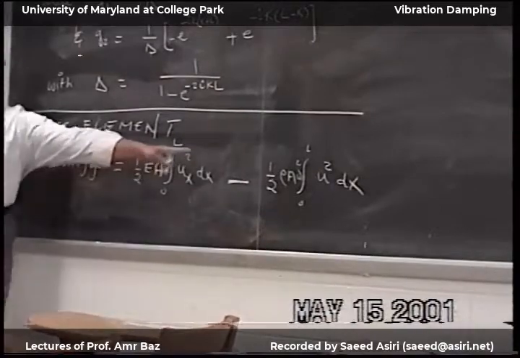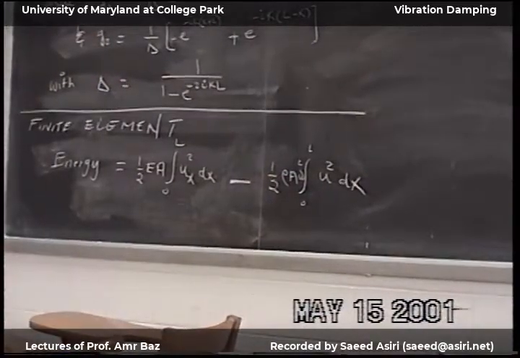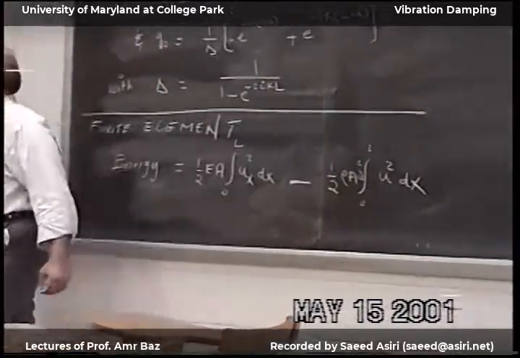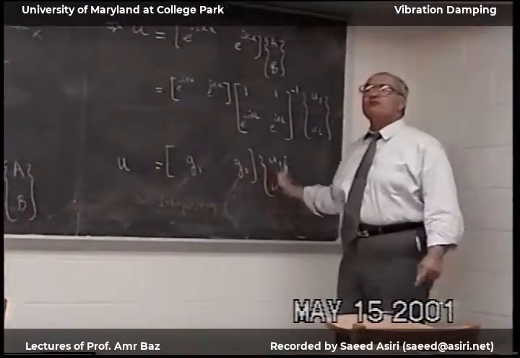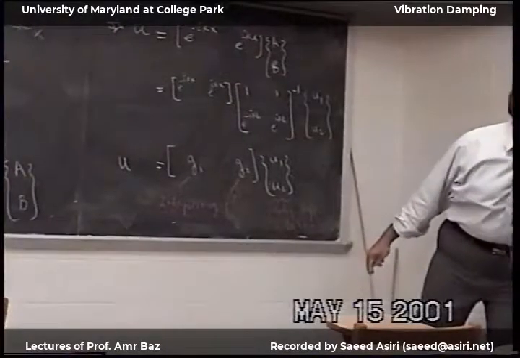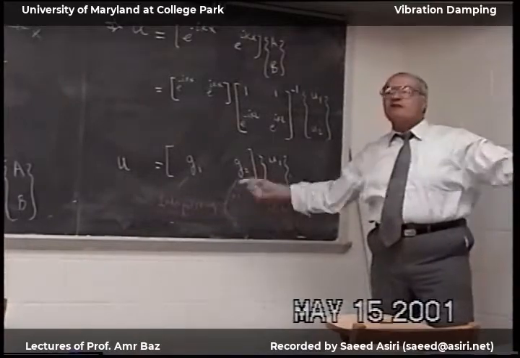Now I replace each U from here. So I have U squared. One of them will be G1, G2 times this. The other one will be the transpose of these two. And the same here: differentiate with respect to x to get U of x, then the other U of x, and then multiply.